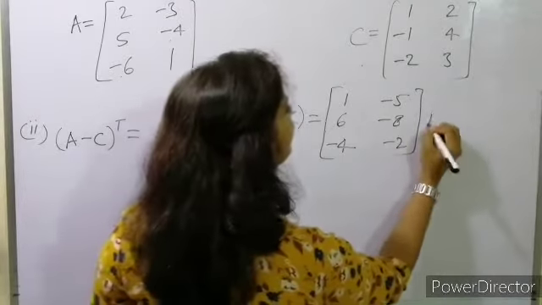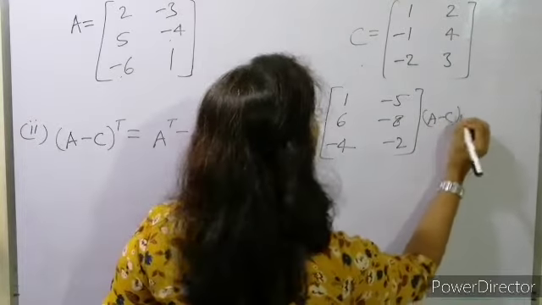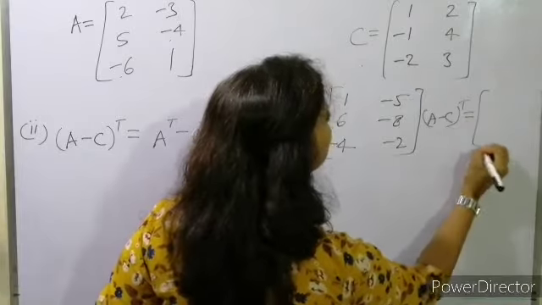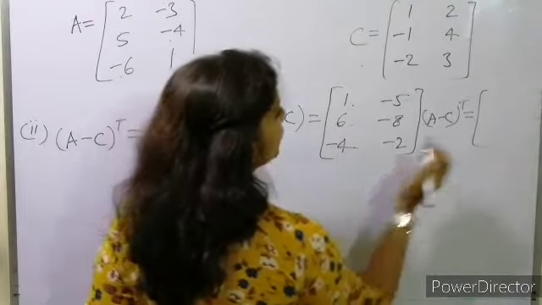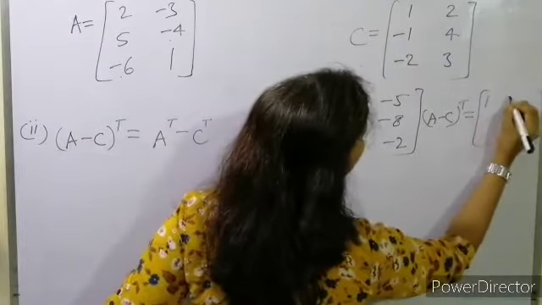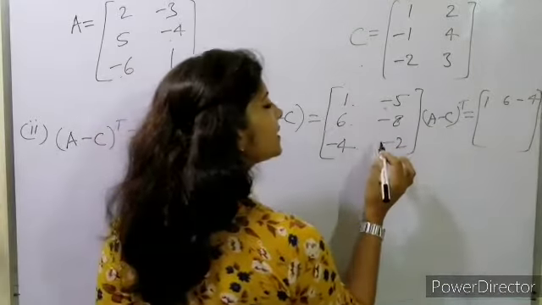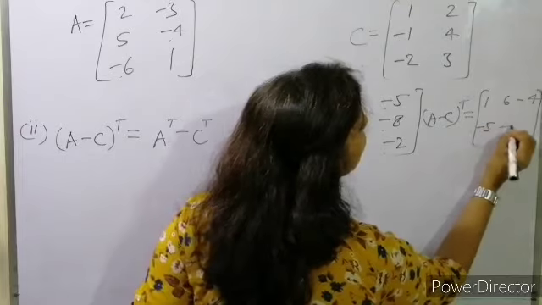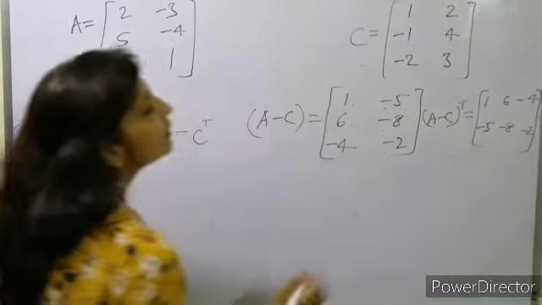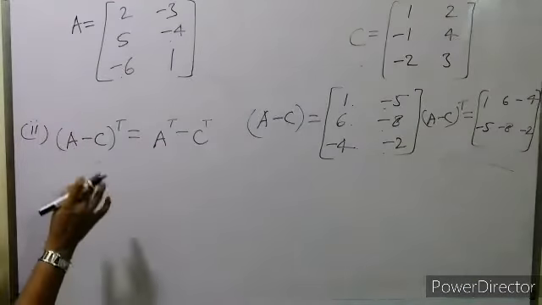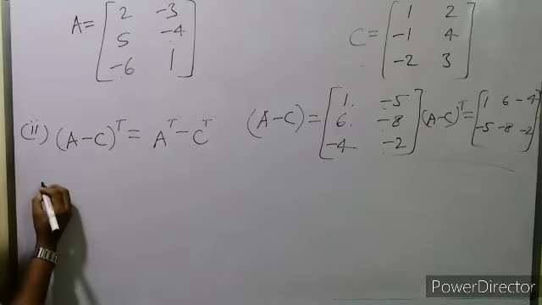So what will A minus C transpose be? 1 6 minus 4, and minus 5 minus 8 minus 2.